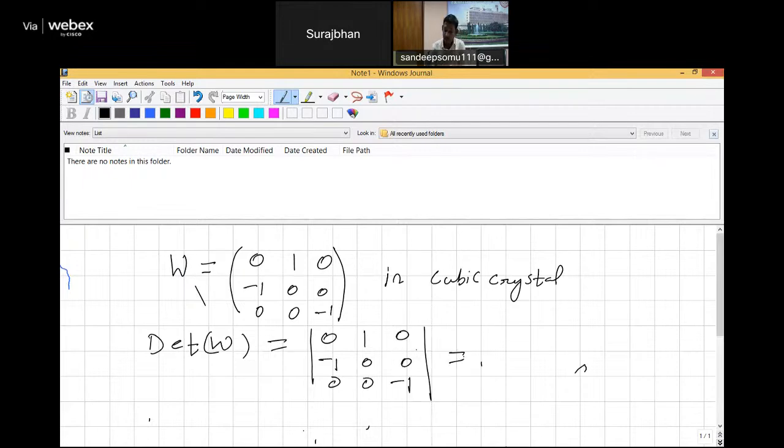So we will solve the determinant for this one and see.